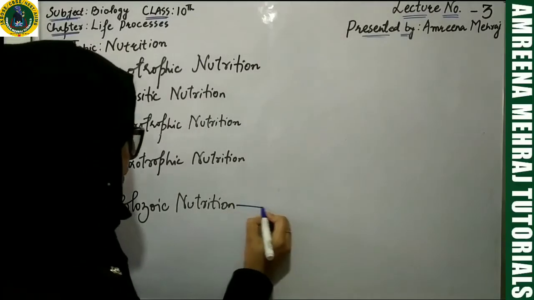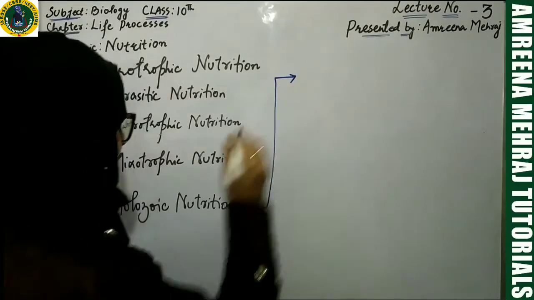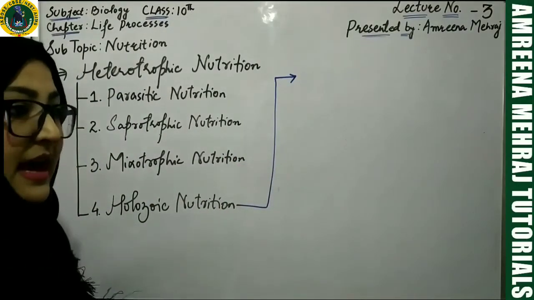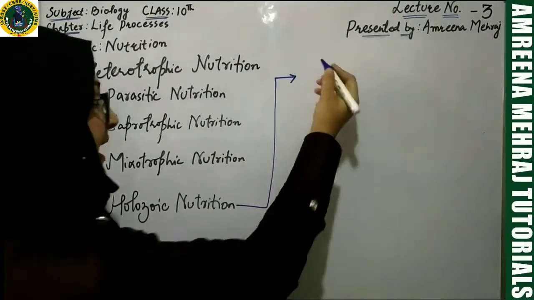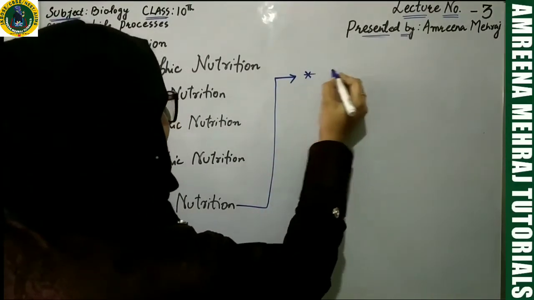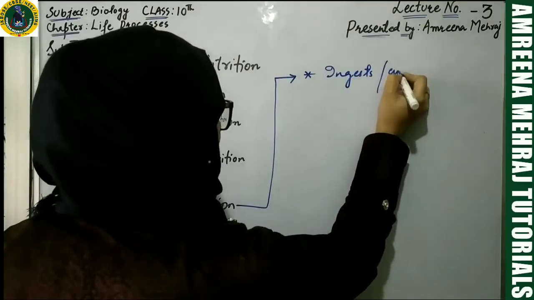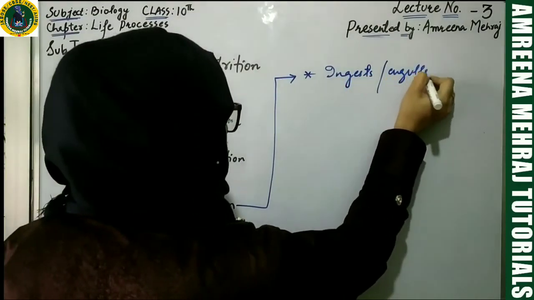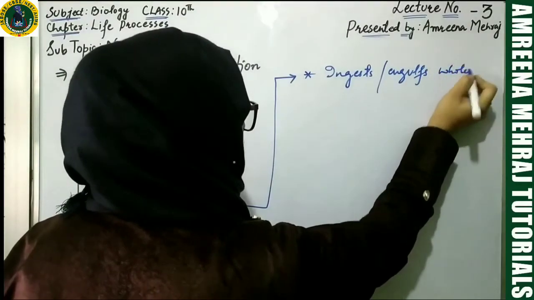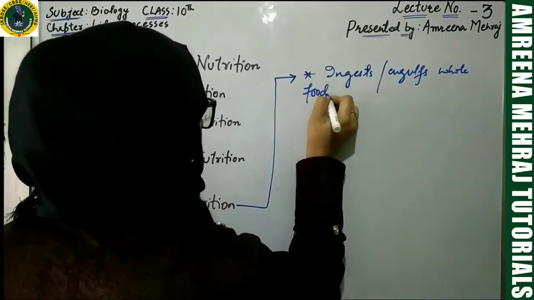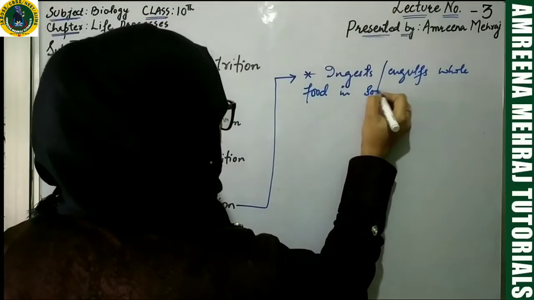So, holozoic mode of nutrition, as the term itself indicates, is that mode of nutrition in which an organism basically ingests, or you can say engulfs, whole food, we can say in solid form.